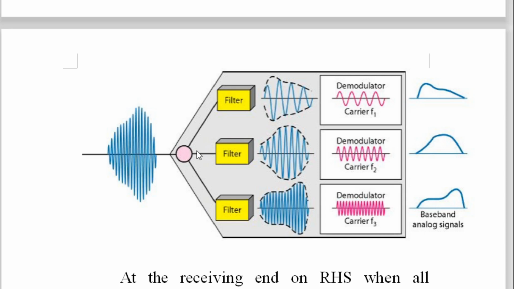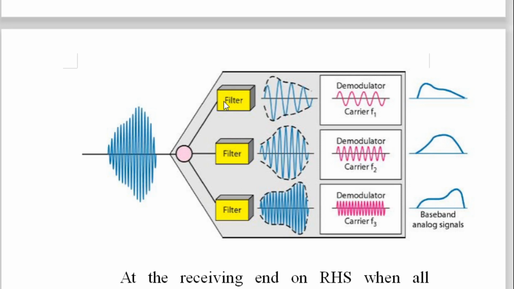On the receiving end, there are three filters: filter 1, filter 2, filter 3. This signal, which is a combination of the modulated outputs of all three, is applied simultaneously to all these three filters, and this filter is very important.